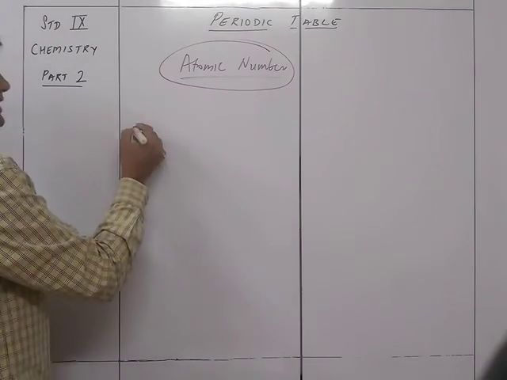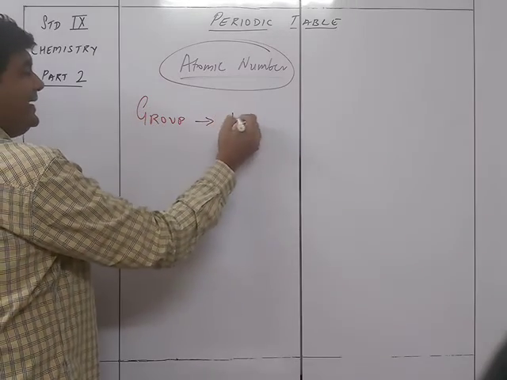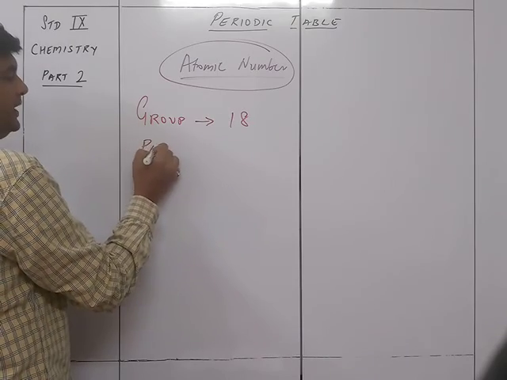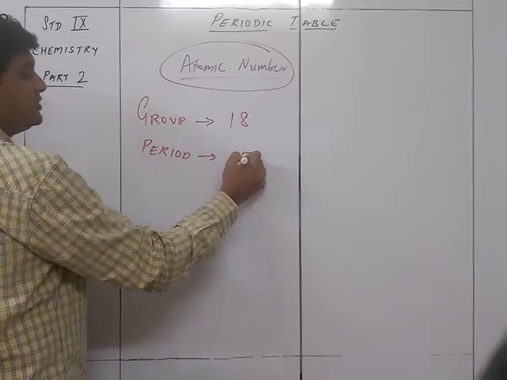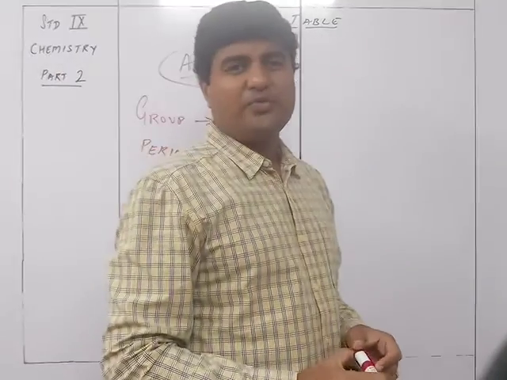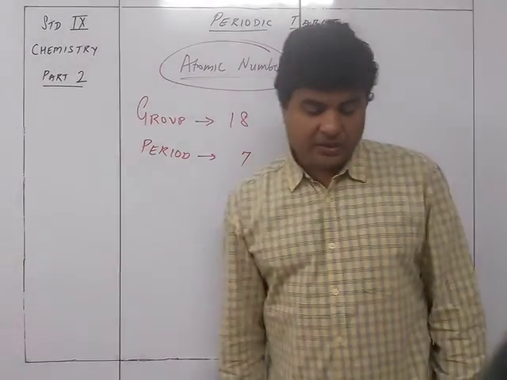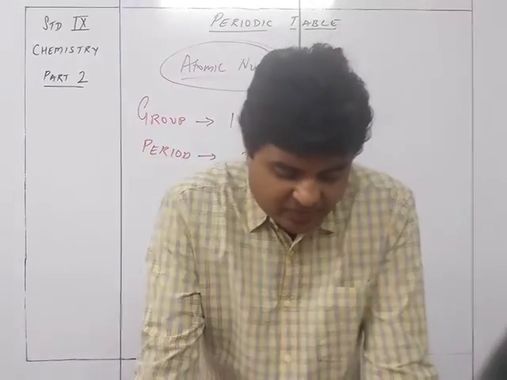The second thing is that there are 18 groups, and the rows, that is the periods, are 7. So 7 periods and 18 groups. The total number of groups is 18 and the total number of periods is 7 in the modern periodic table. This forms the basis of the modern periodic table.